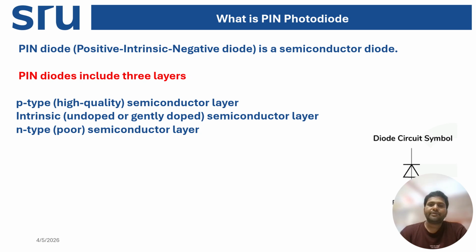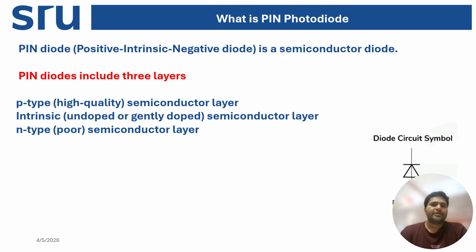So, structure of the PIN diode. The term PIN stands for P region, that is positive, I region, that is intrinsic or undoped region, and N, the negative region.